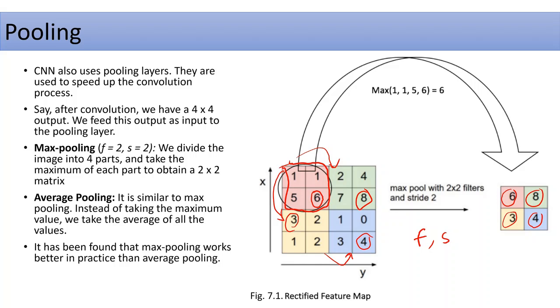We round it down. So here it is 6 plus 5, 11 plus 2, that's 13, and we take the average of it, 13 by 4, so it's around 3 point something, so we write it as 3 over here.